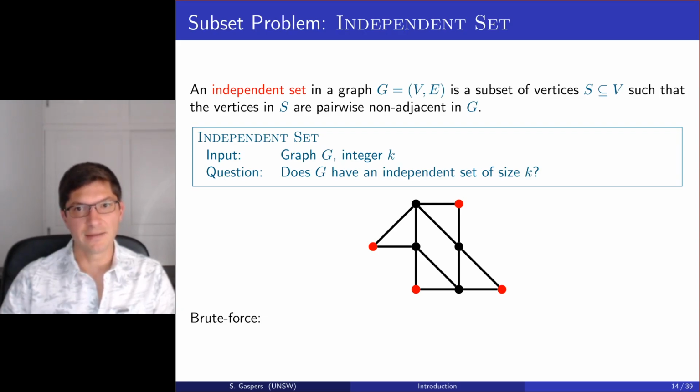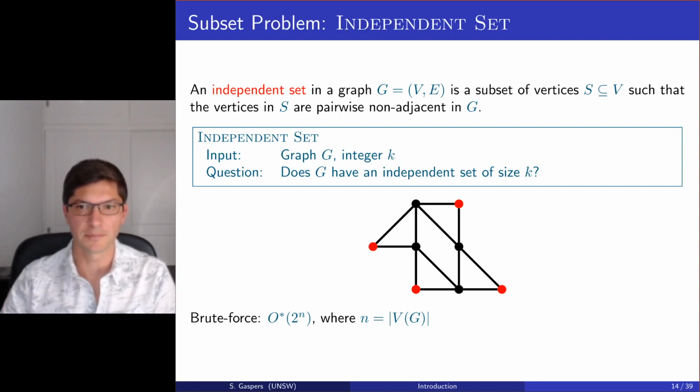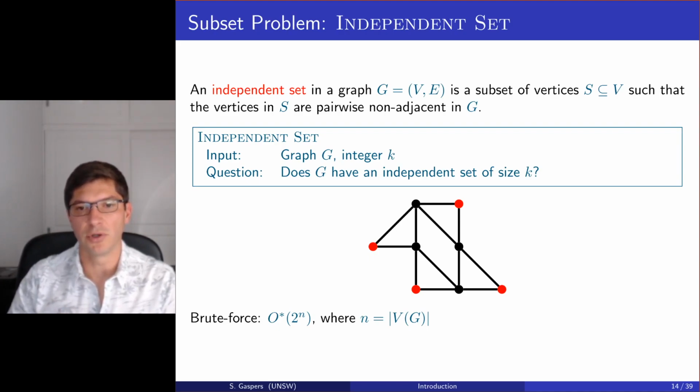So if n is our number of vertices, we get a total of 2 to the power n possibilities for the number of subsets of vertices, because for every one of the n vertices, we have two possibilities. Since the checking part can be done in polynomial time, in total we get a brute force algorithm whose running time is O star of 2 to the power n.